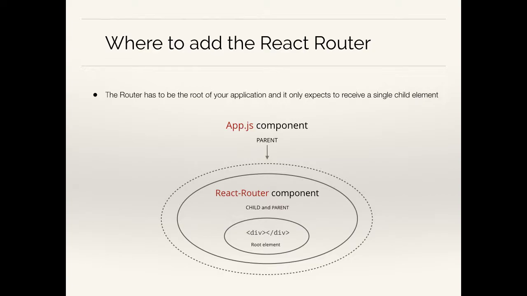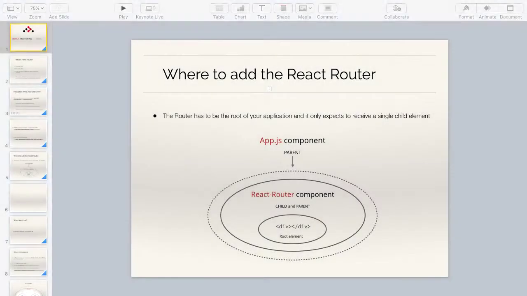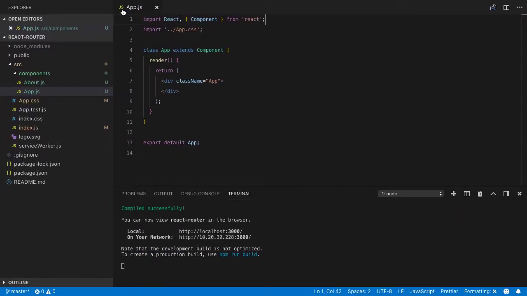See, this is a component as well, which will be a child of the app component. And then the React Router will have only one root element, which can be a div.